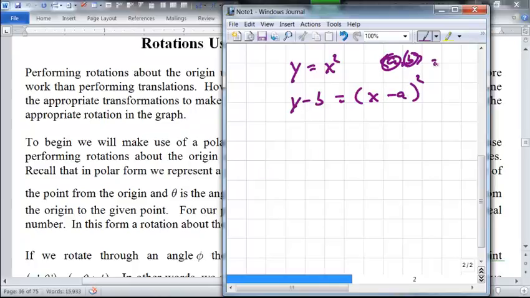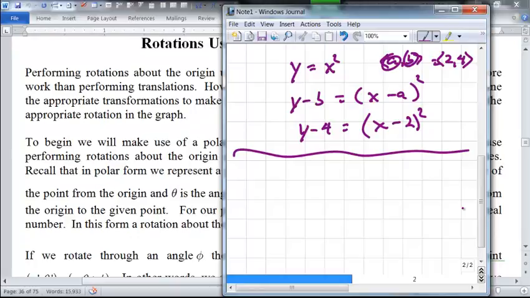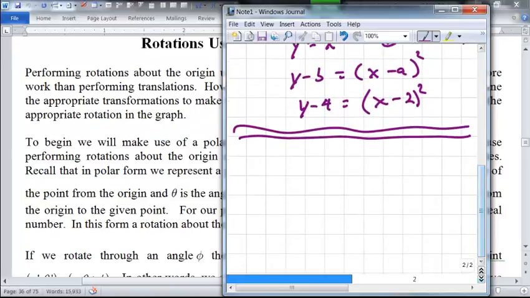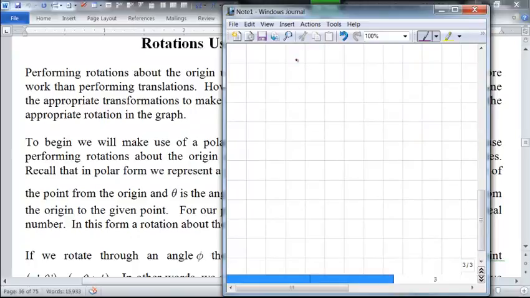So if this is (2, 4), for example, this would be y minus 4 equals (x minus 2) squared. Of course, you could solve for y or solve for x, possibly, depending on the type of equation. But the point I want to make is mainly that it's pretty easy to do translations when you're in rectangular coordinates. Well, it's also very easy to do rotations, at least about the origin, if you're in polar coordinates.